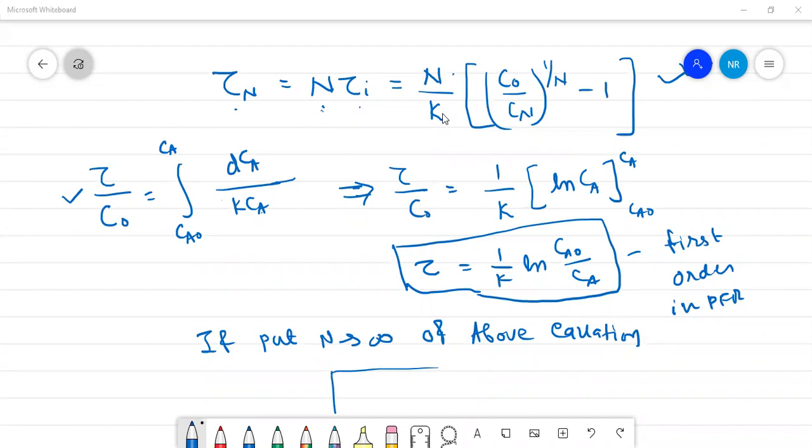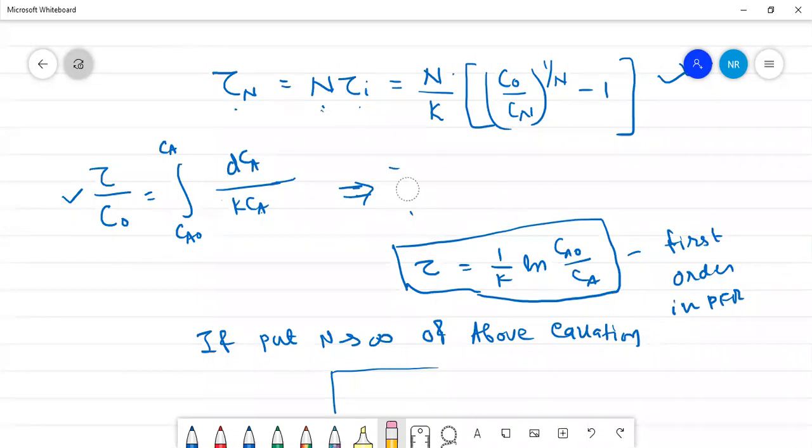Maybe I did some wrong calculation, but the final answer, if I give first order systems in a plug flow reactor, is like this. Now, if I put n tends to infinity here, what will be the correct equation? Can you reduce that equation? Can you write it down?